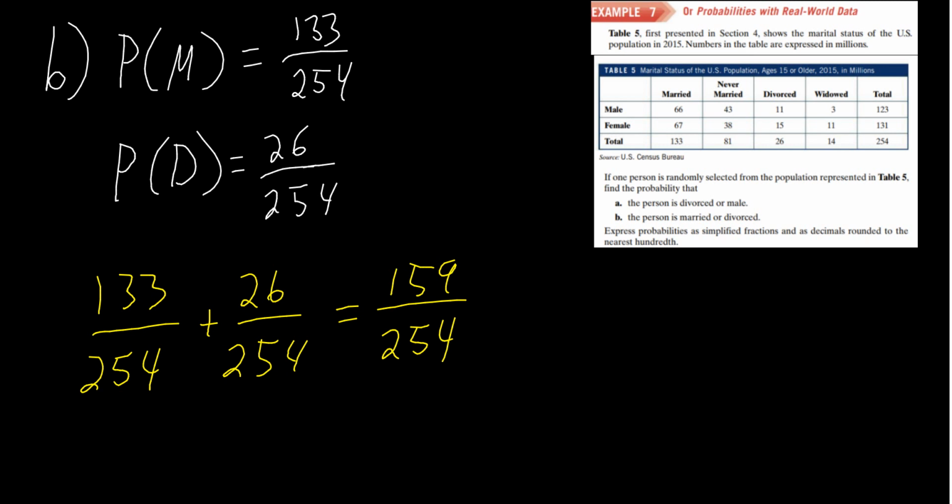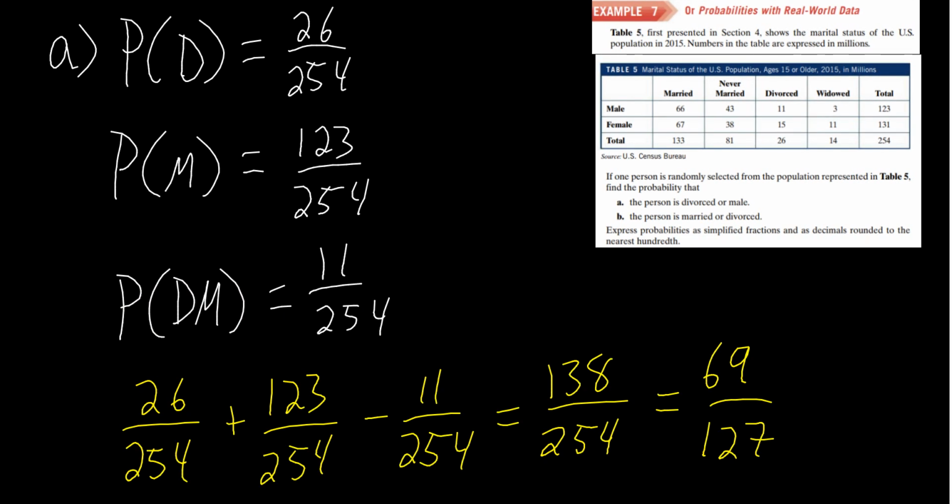Okay. Oh, okay. So actually, real quickly, the problem reads express probabilities as simplified fractions and as a decimal. So let's go ahead and round this to a decimal. So if I round 69 divided by 127 to the nearest hundredth, nearest hundredth means I'm just going to two decimal places.